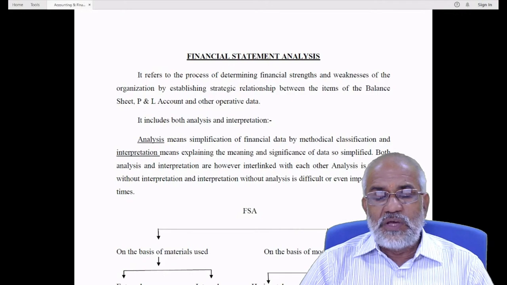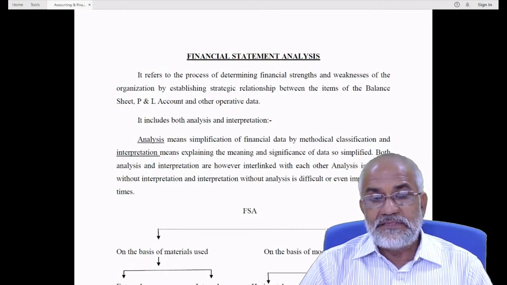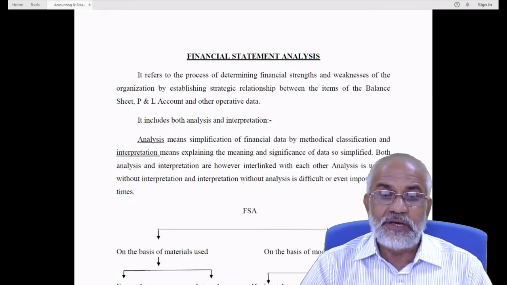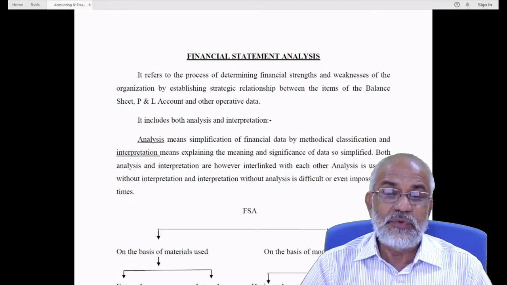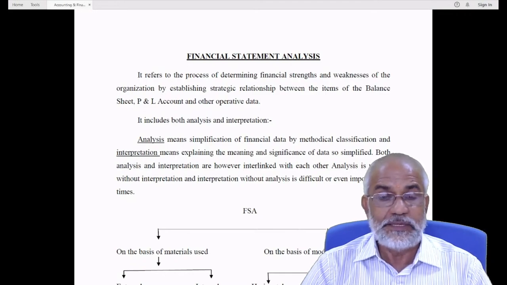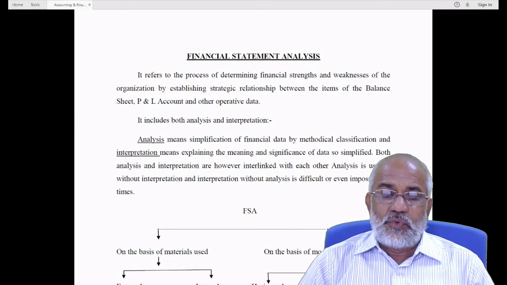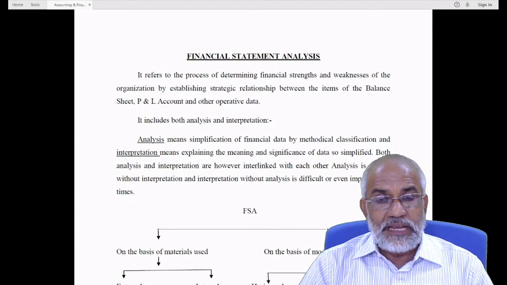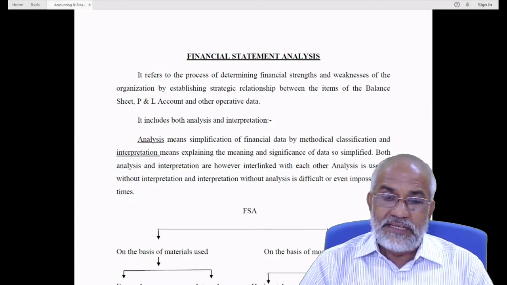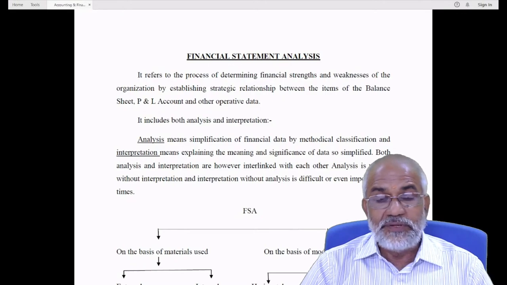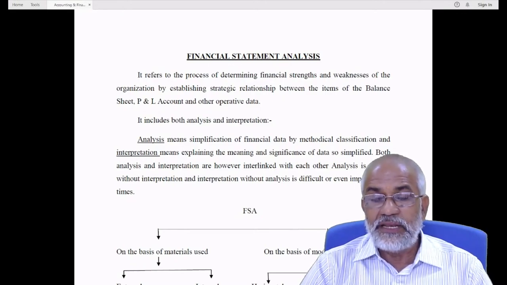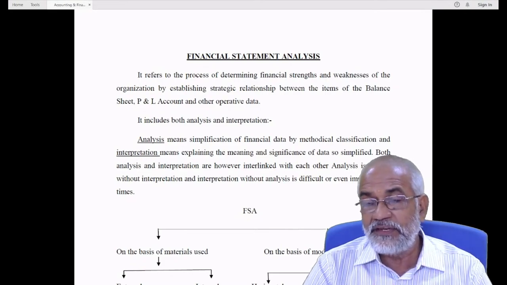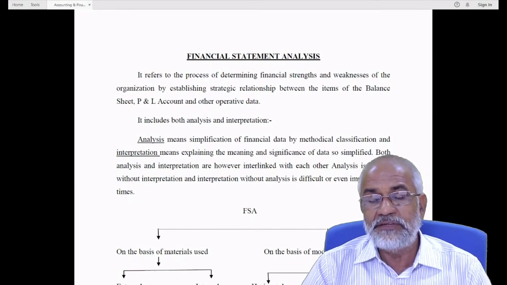That means once the profit and loss account is prepared, it brings an end to all the nominal accounts of the organization for that particular period, and the resultant is either net profit or net loss for that period. It may be for a year, a quarter, a half year, a month, or even for a day or a week.